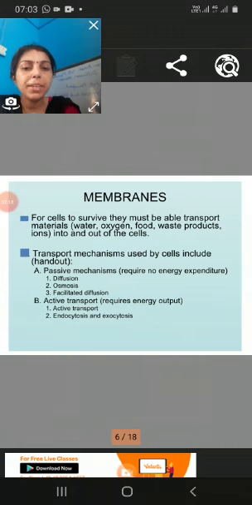The passive mechanism, which requires no energy expenditure. That is, the transportation is done by simple diffusion, osmosis and facilitated diffusion methods. And active transportation, which requires energy output or ATP for the transportation.